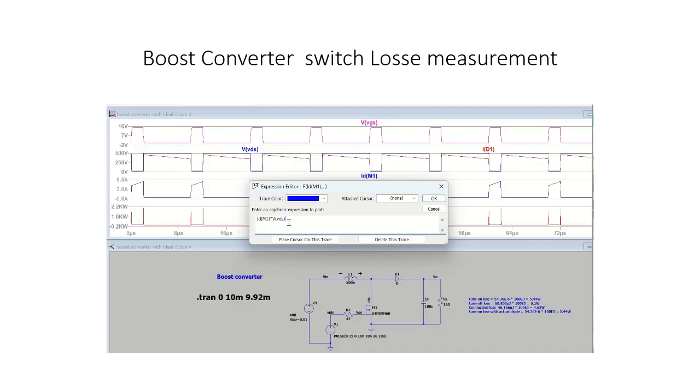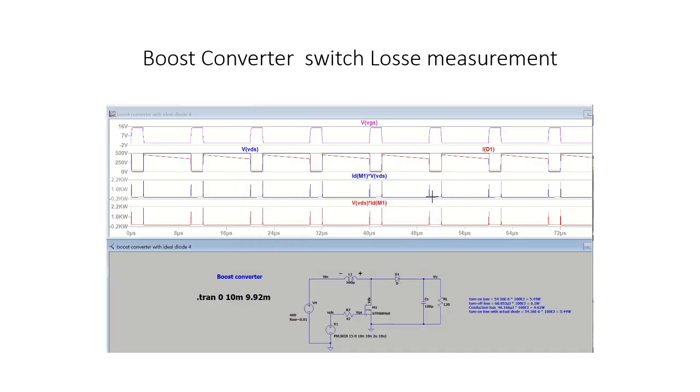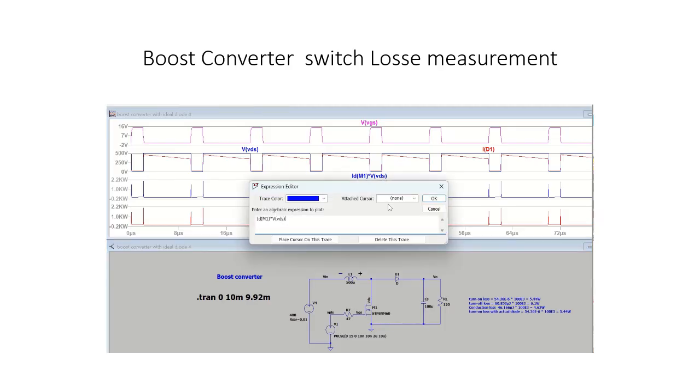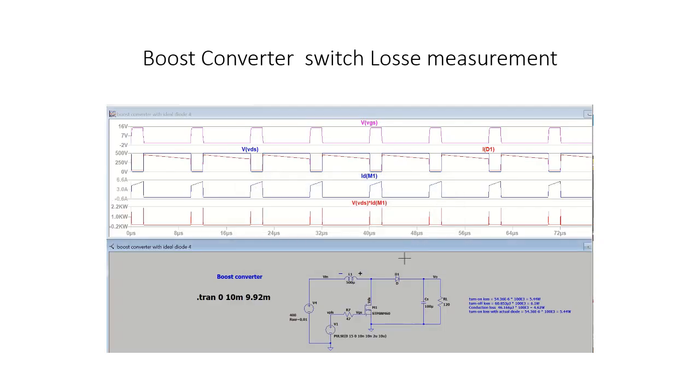So this gives the instantaneous power. Now you're getting the same waveform as shown here. I'm going back to the old waveform now. I delete whatever was added. Okay, fine.